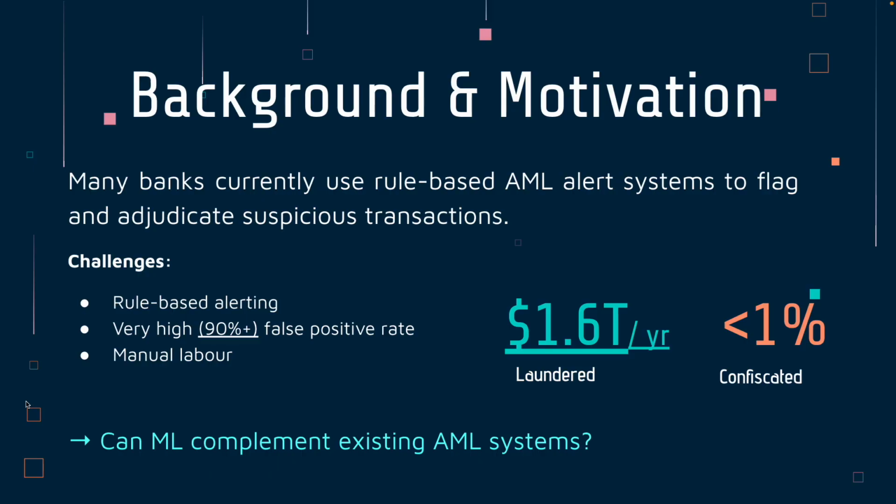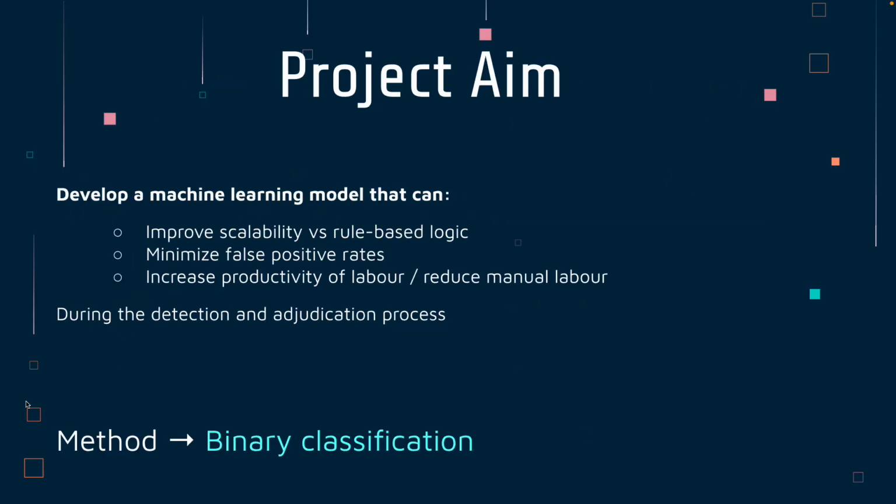So focusing on these challenges today, we wanted to explore if machine learning could help. In our project, we aim to develop a machine learning model that can improve scalability versus rule-based logic, minimize false positive rates, and increase productivity of labor, or reduce manual labor, making sure that we respect individual contributors, not to replace everybody, but to augment and speed up the experience as transaction volumes are expected to increase.